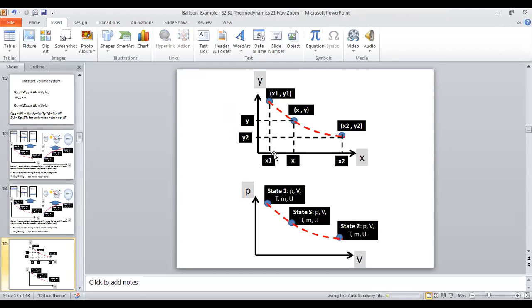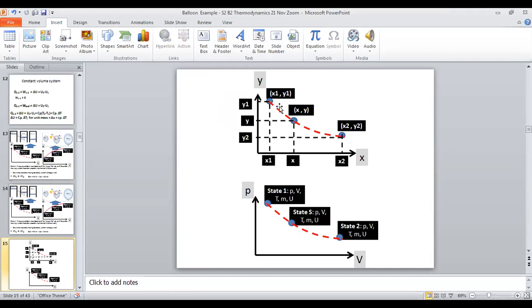Okay, x1. Same way, projection on the y-axis, it is y1.